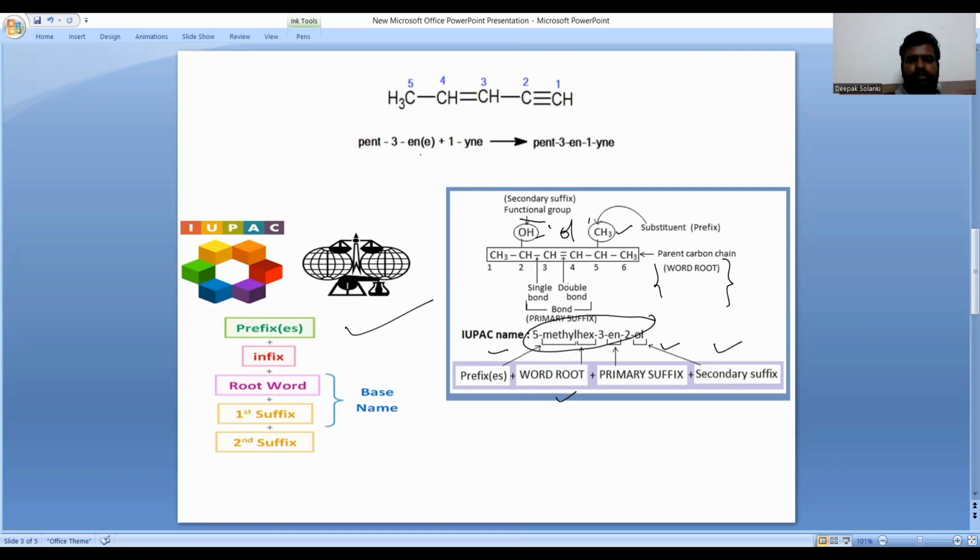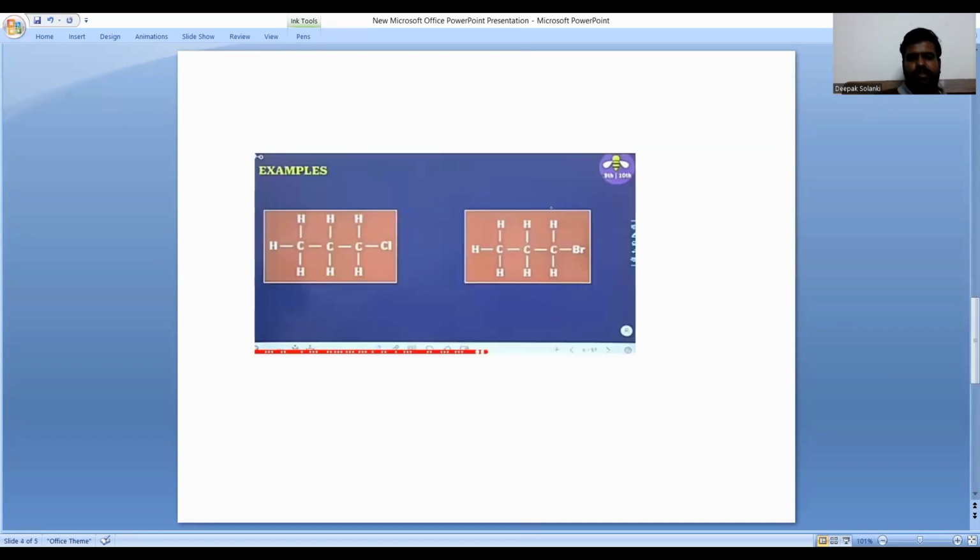At the third position we have a double bond, so ene, plus at the first position a triple bond, yne. Ene comes first in the alphabet, then yne, so the name will be pent-3-en-1-yne. This is the rule for IUPAC nomenclature.